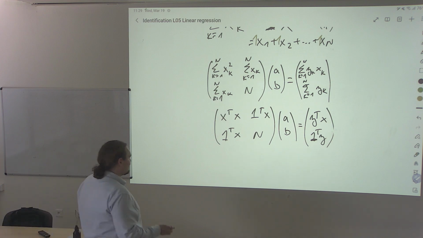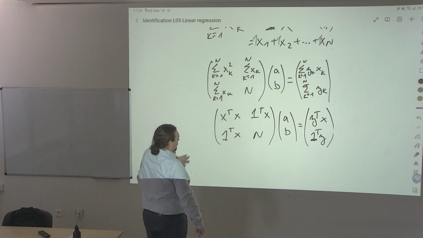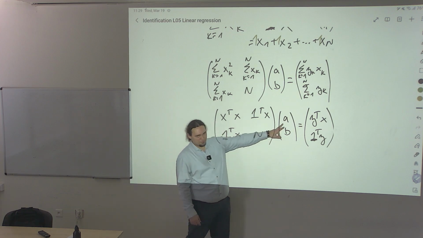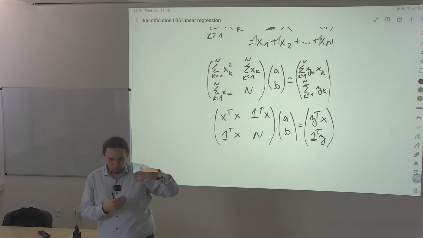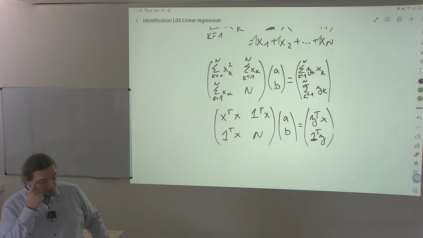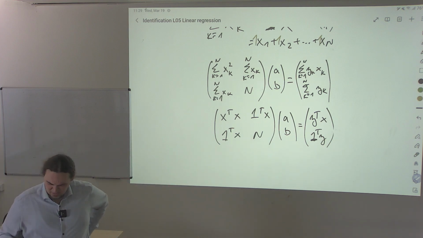So we already simplified the calculations of the parameter A and parameter B, which was just a slope with respect to one independent variable and this bias.